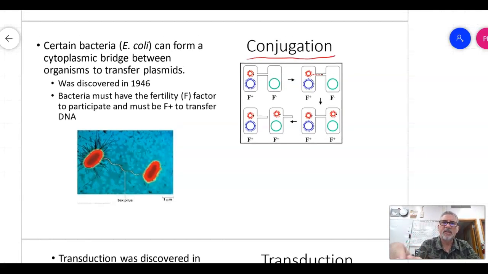So conjugation is another one. Certain bacteria, not all bacteria, can do conjugation. E. coli is one, and E. coli we study a lot. If you look at the picture down here, I'll make it just a little bit larger.